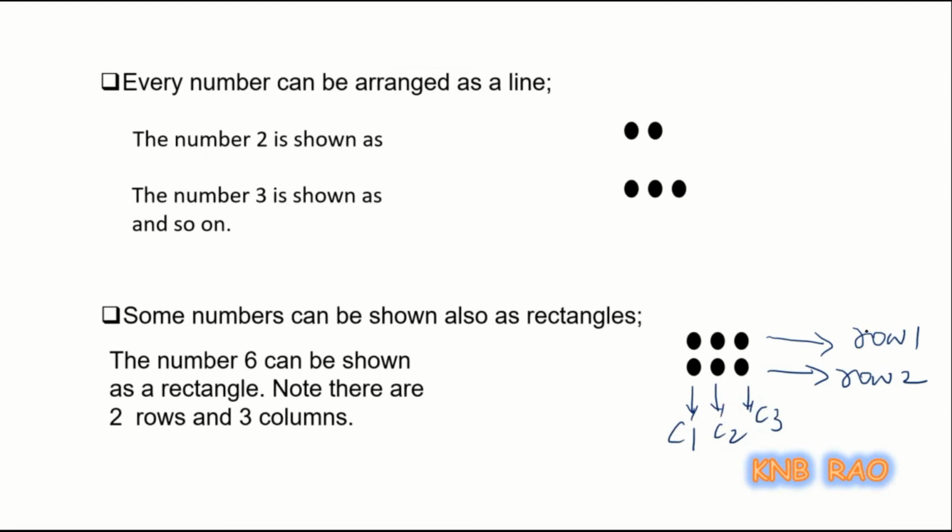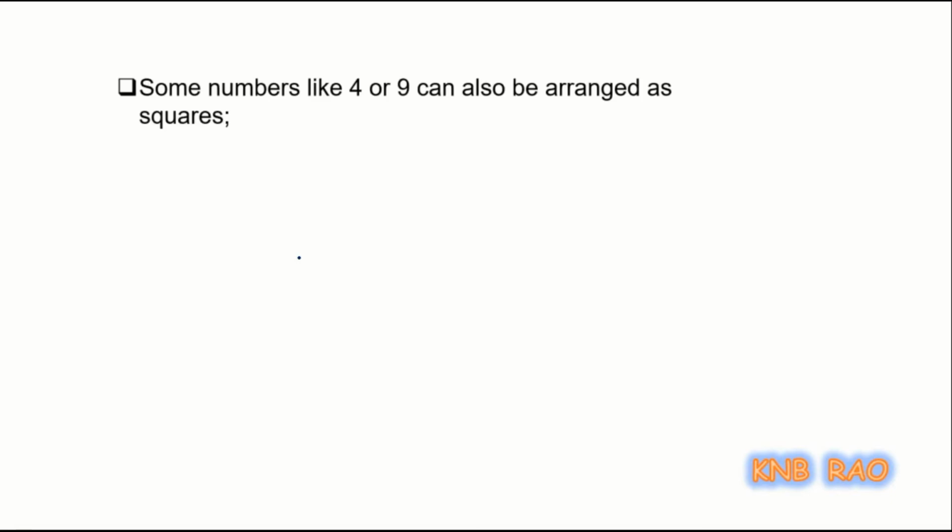So I have got 2 rows and 3 columns. So only some numbers can be arranged as rectangles, like in the case of 6. Next, third, some numbers only can be arranged as squares, as I have already explained you. For example, 4, which can be arranged as a rectangle, square.